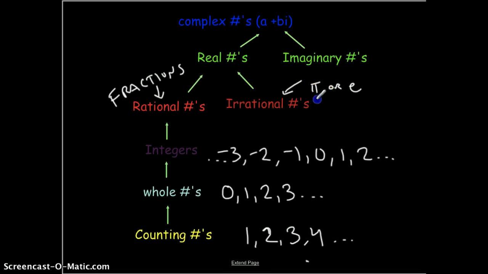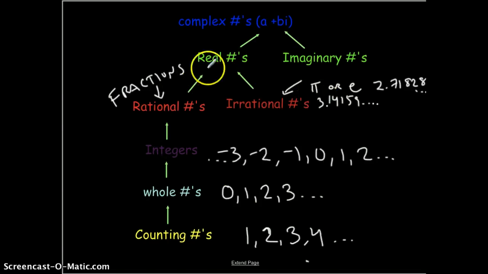Those are decimals that go on forever, 3.14159 and so on. E is 2.71828, something like that. You cannot write these as a fraction. There's no exact fraction that equals pi or e, so they are irrational.